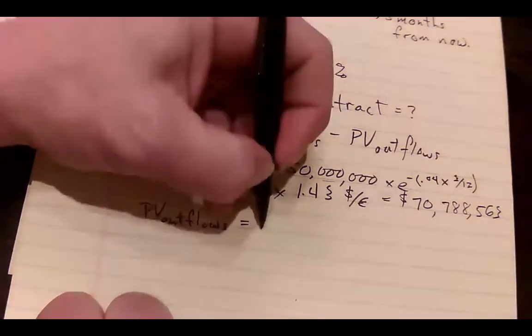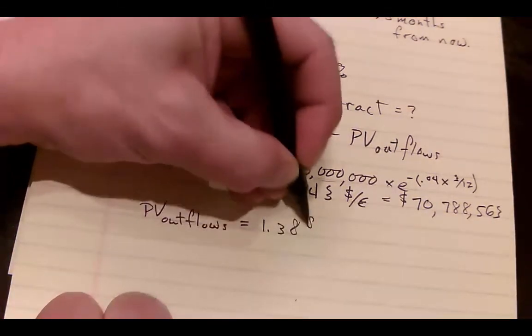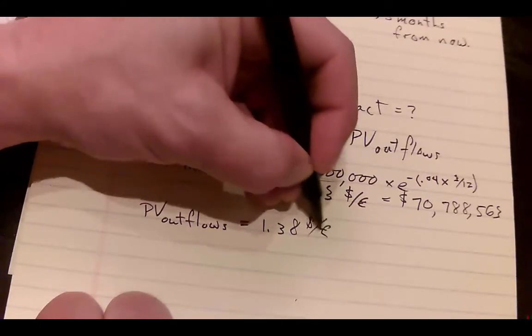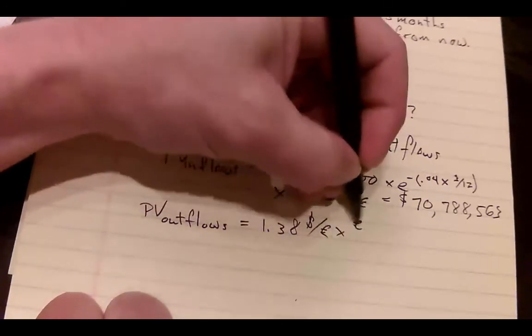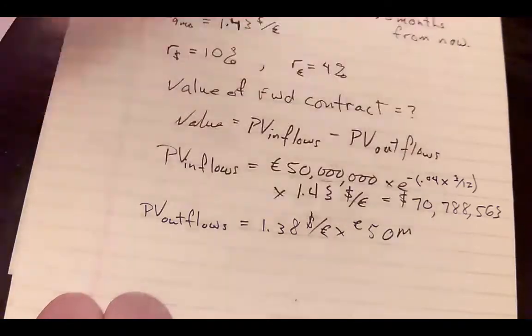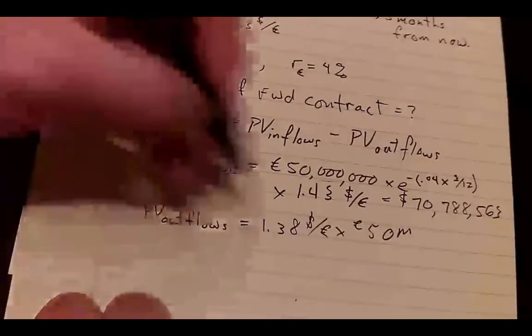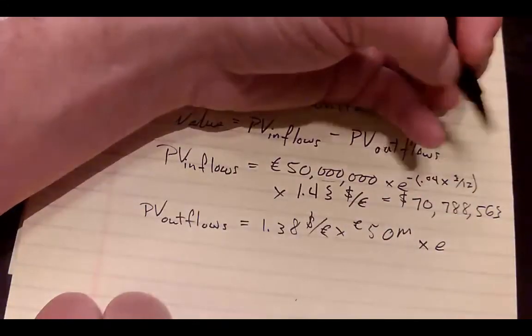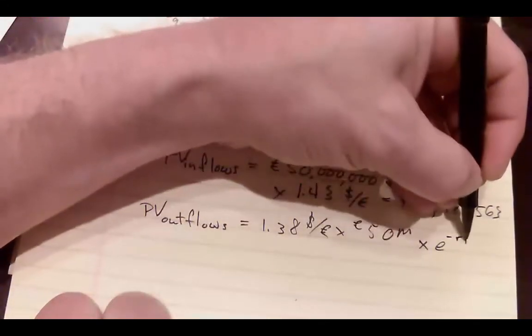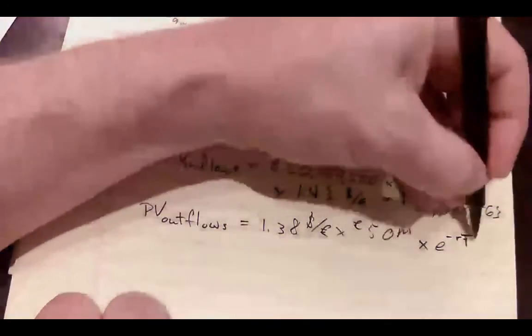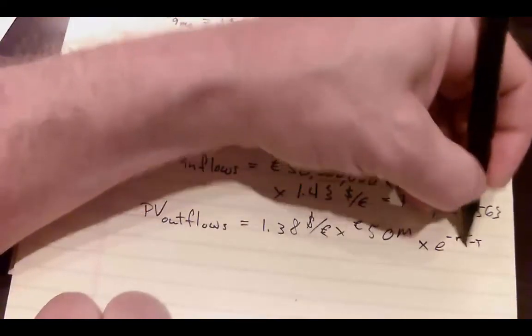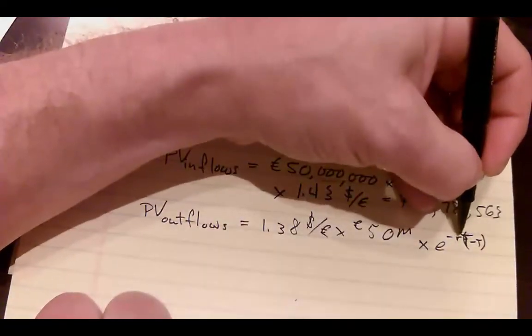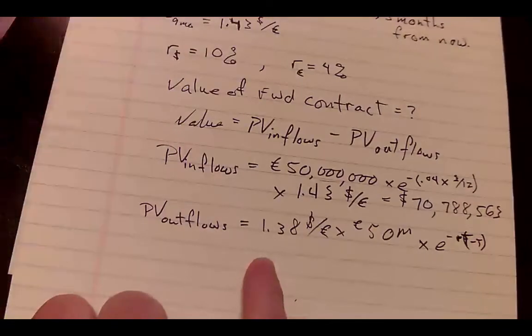So that's 1.38 dollars per euro times 50 million euros, in present value, so times e to the minus r times (capital T minus little t). Sorry about that.